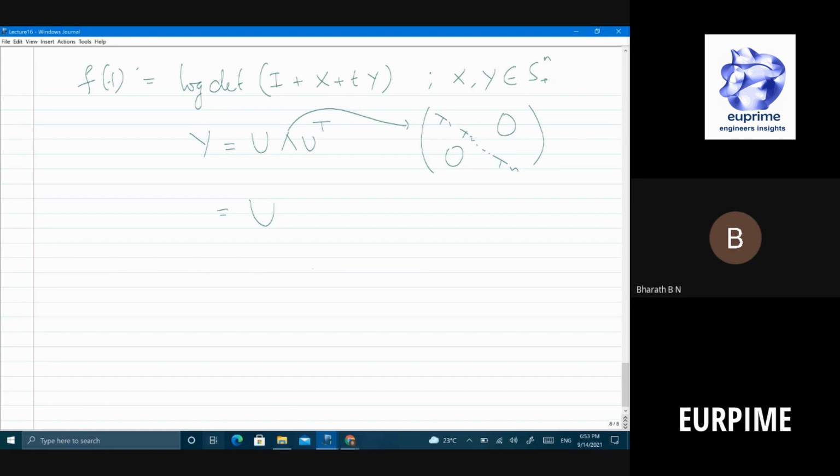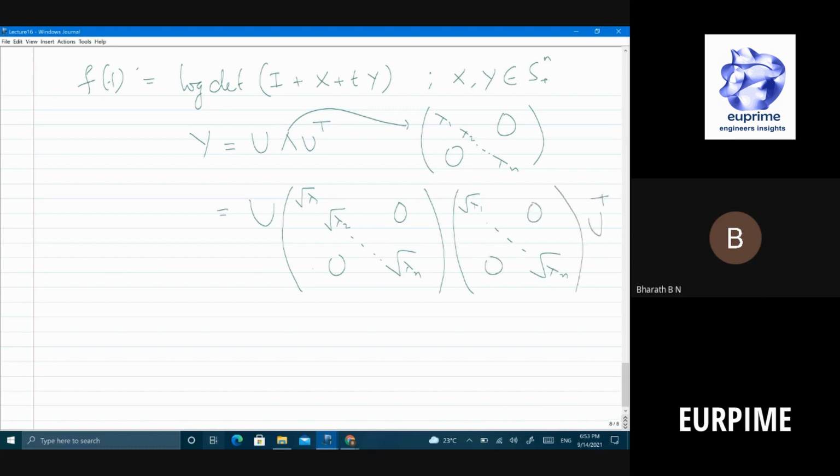So now I can write this as root lambda 1, root lambda 2, up to root lambda n, times root lambda 1, up to root lambda n, with zeros elsewhere, times u transpose.